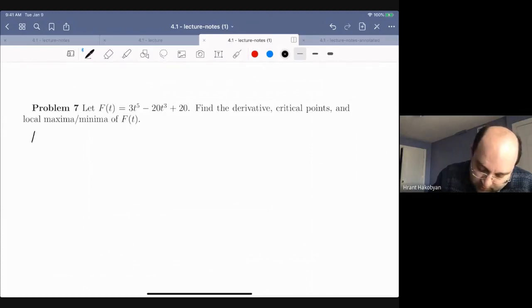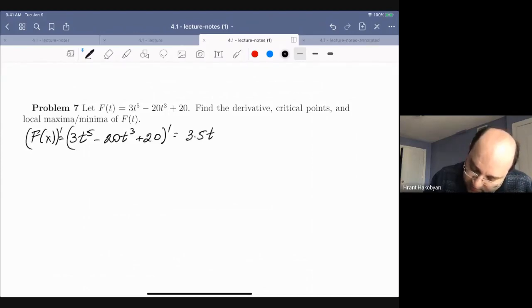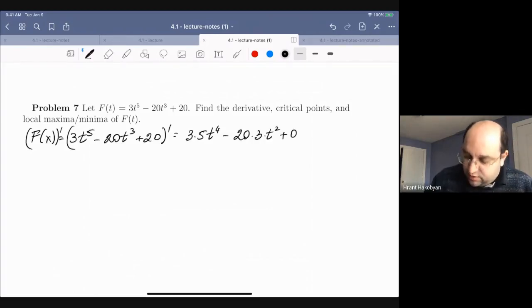I'm going to write f(t) is equal to 3t to the power 5 minus 20t to the power 3 plus 20. So I'm going to take the derivative of this. That's going to be 3 times 5t to the power 4 minus 20 times 3 times t squared plus 0, because the derivative of 20 is 0. So that gives me 15t to the power 4 minus 60t squared.